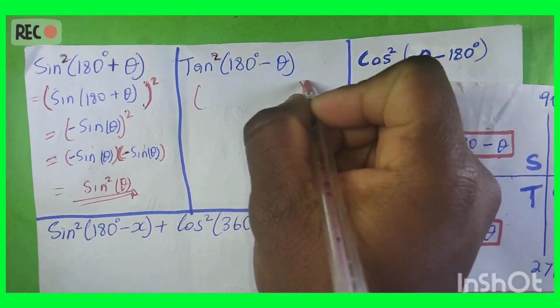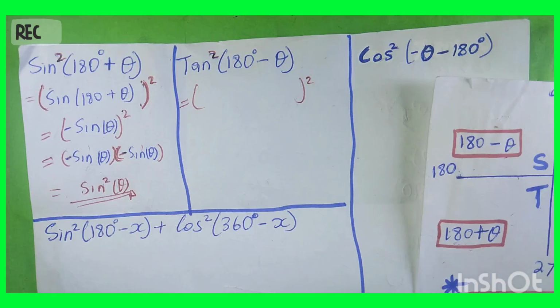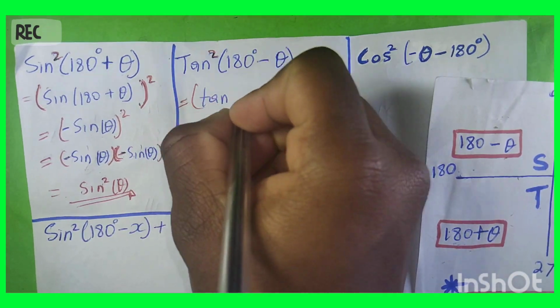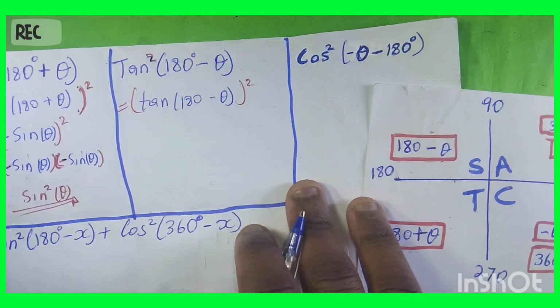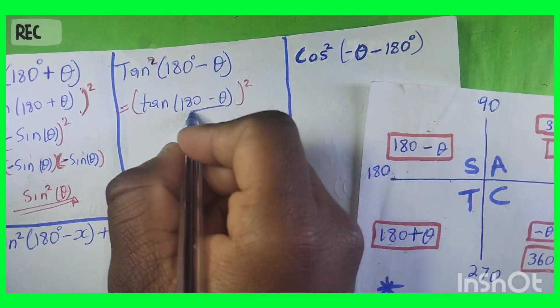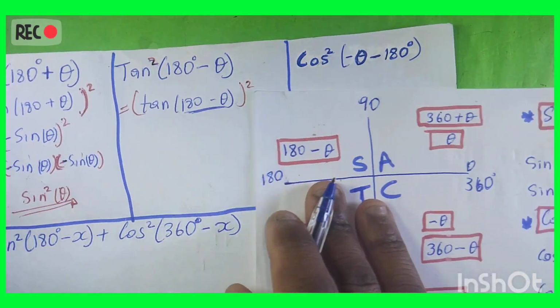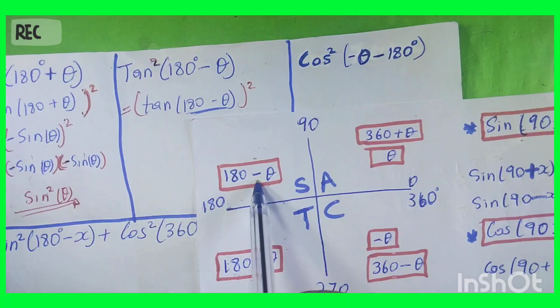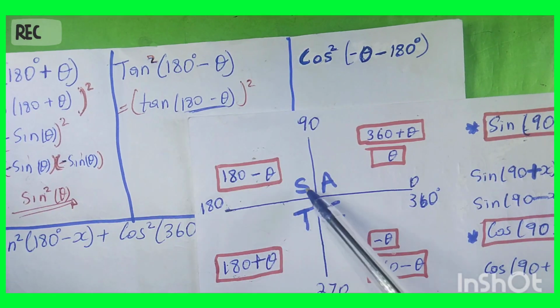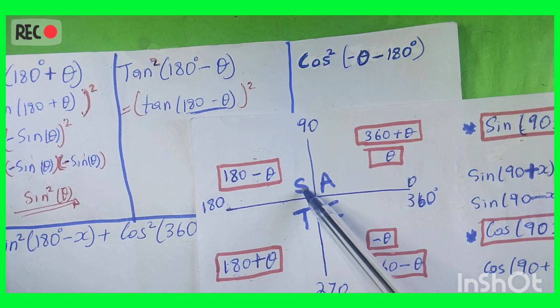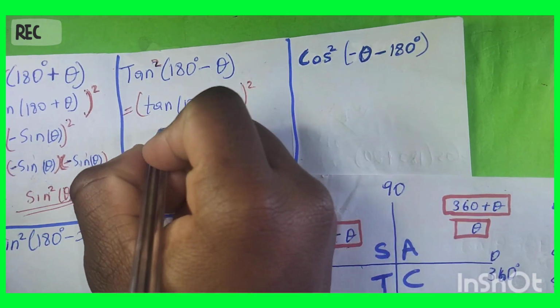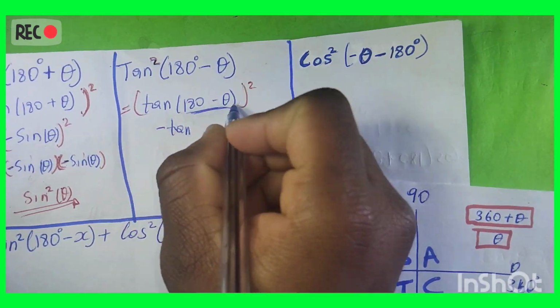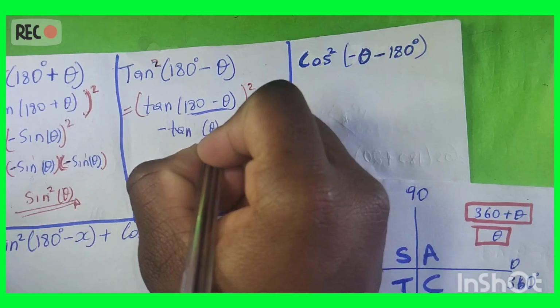Even as well as this one, do you see this exponent 2? I can just write it there outside the bracket, something like this, of saying tan(180 minus theta). And now if I focus here, this thing, guys, is a position on the second quadrant. And on the second quadrant, it's only sine which is positive, meaning that tan there is negative, meaning here we have negative tan, then you reduce that angle into theta.